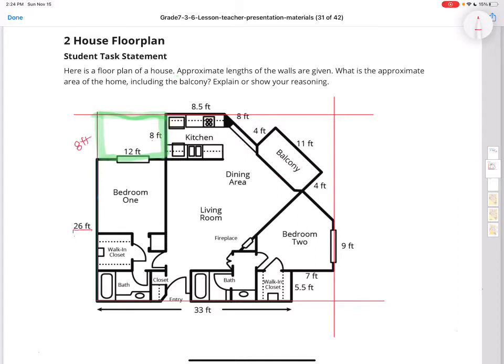Why is that imperative? I want to add these two numbers together to figure out the length of this wall, or this side. So 26 plus 8 would give me 34 feet.